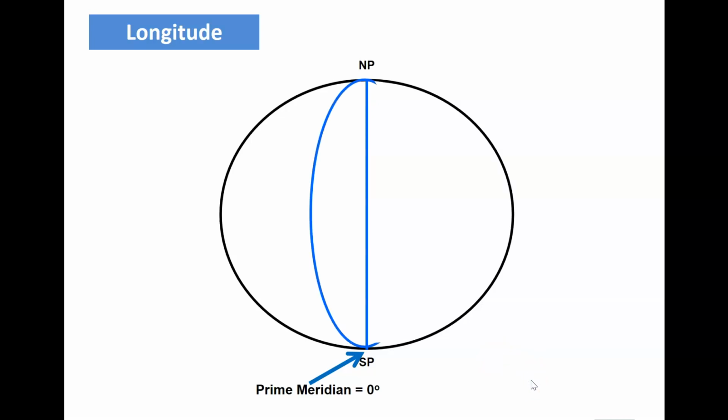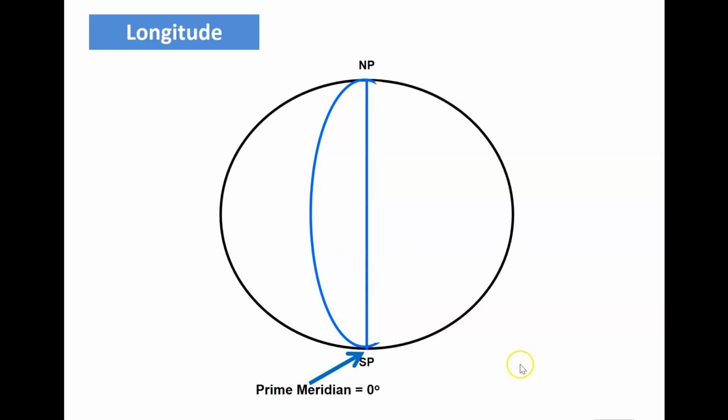Lines of longitude are typically drawn in increments of 15 to 30 degrees. What that means is one map might show it at 10 degrees, one might show it at 30 degrees, but typically it's somewhere between the range of 15 and 30 degrees. These run north and south.